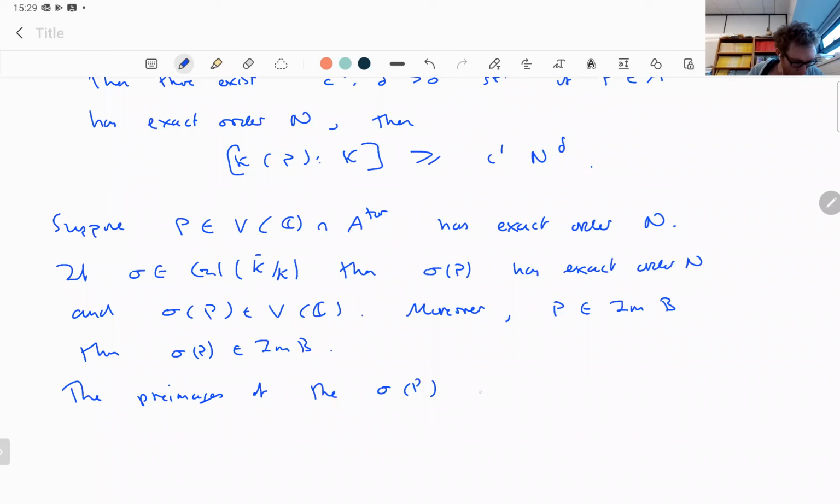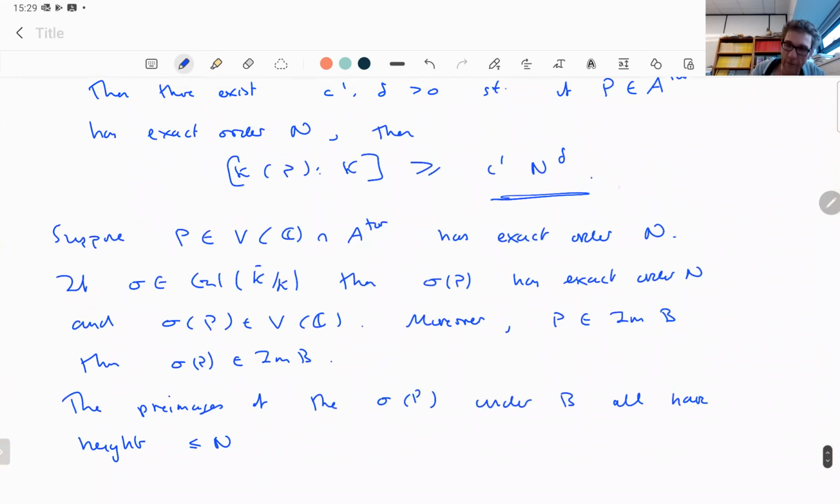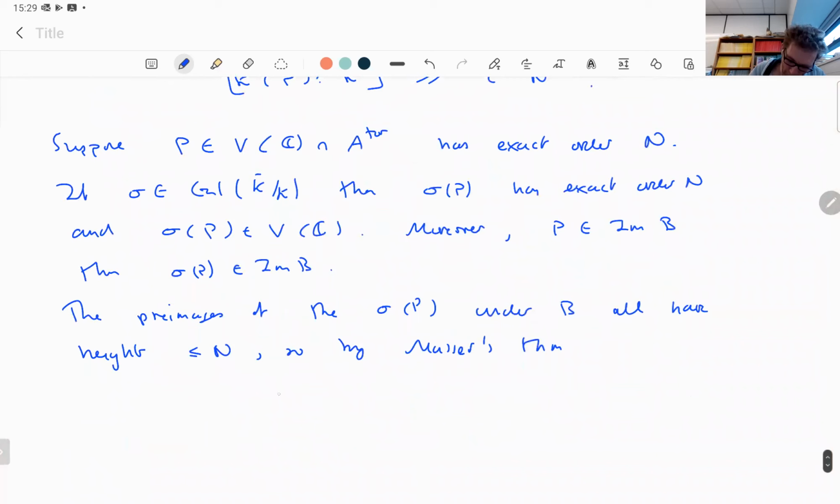Pre-images of the sigma P under pi all have height less than or equal to n, and there's lots of them. So by Masser's theorem, what do we get? We get that the number of points on X of height at most n is at least C prime n to the delta.